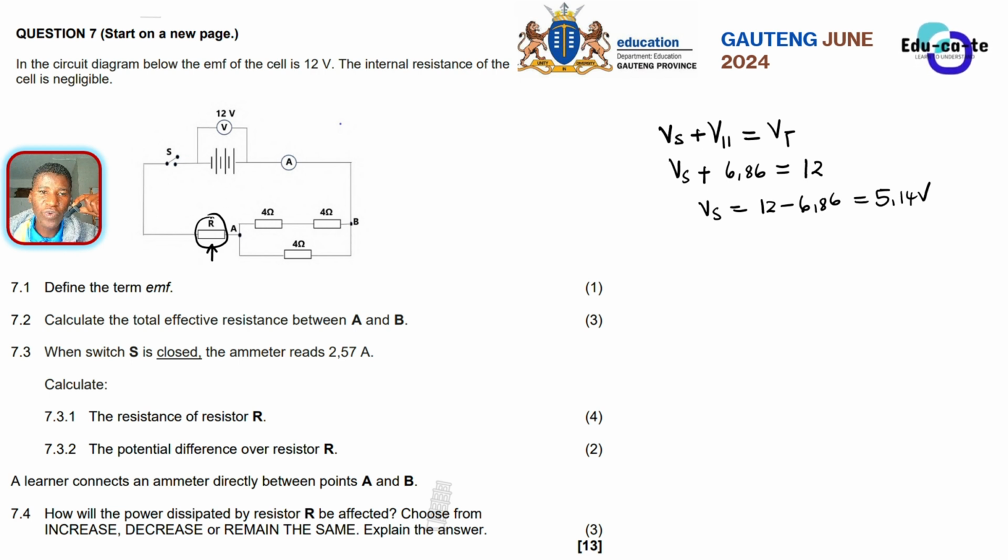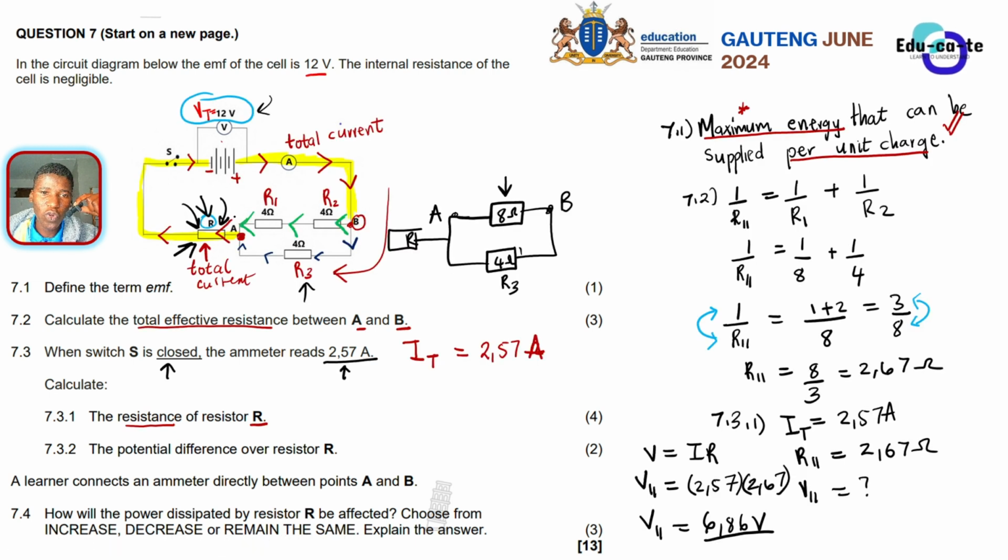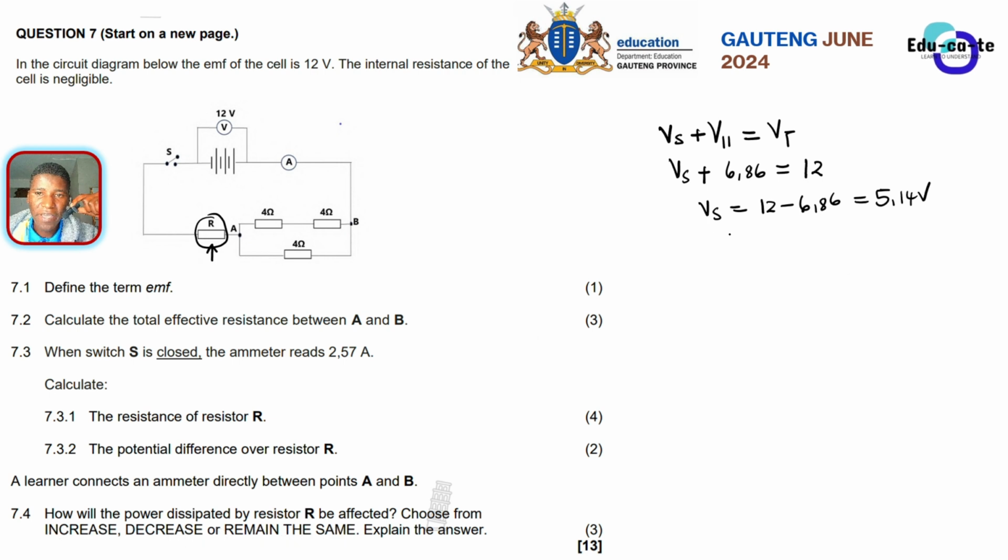Now that we know the potential difference across resistor R, and we also know that resistor R is receiving the total current, which is 2.57 amperes, we can calculate the resistance R by saying that V equals I times R. The voltage through it is 5.14 volts, and the current through it, the total current, is 2.57 amperes, given in the statement.